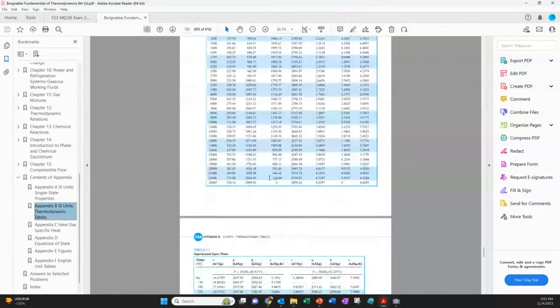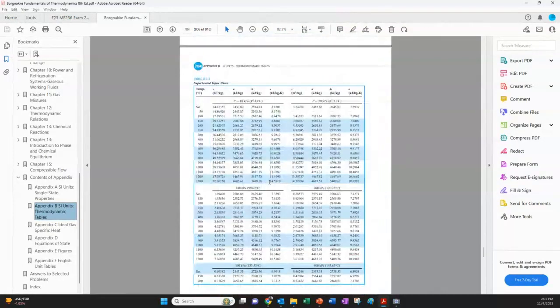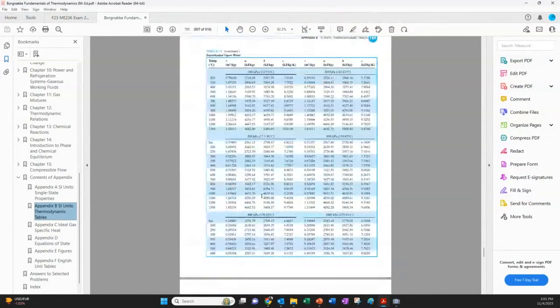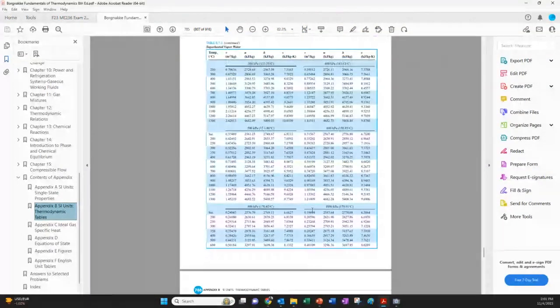First one, we're going through the tables, we'll find in the 1000 kPa right here, and we were at 500 degrees, so here we are right there. And we might want to remember, in these topics, I don't think enthalpy had been introduced, and most of the time when we're dealing with these closed systems, we're dealing with internal energy.